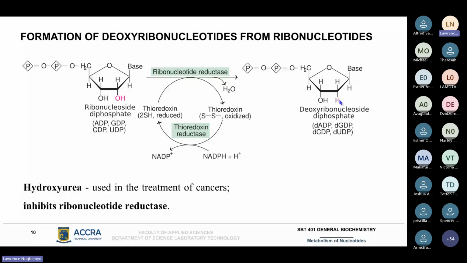And in that process, we have the enzyme ribonucleotide reductase, with some removal of water.